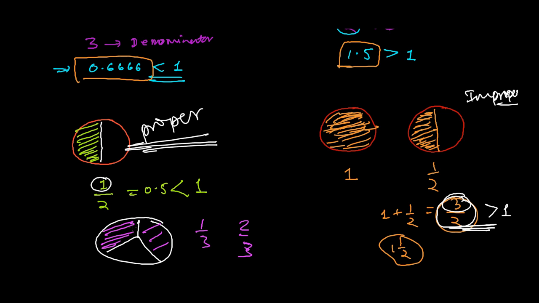And out of those parts, you're taking less than 1, less than the complete pizza. I mean, just some part of that. Proper fraction is just a certain part of the whole.